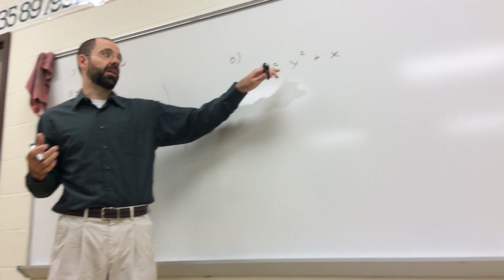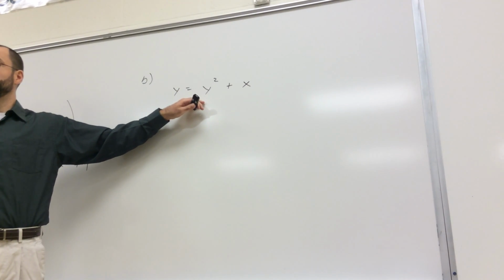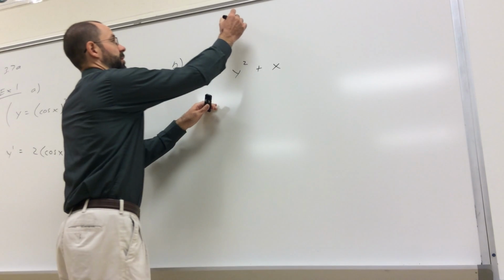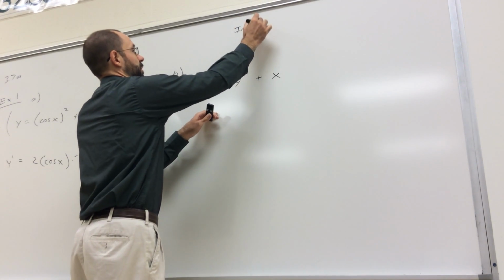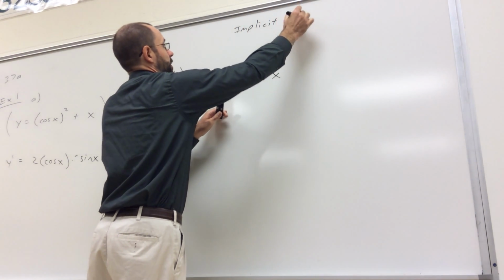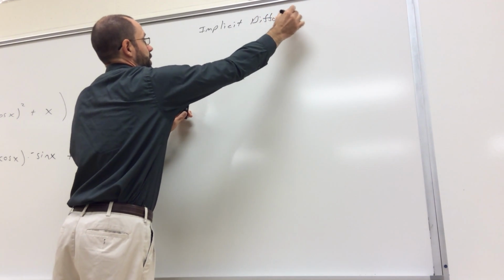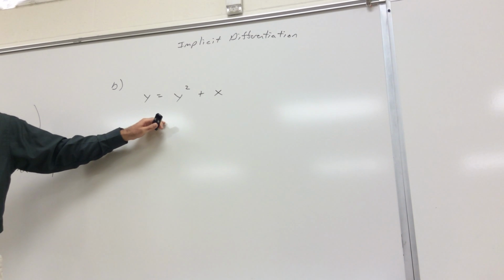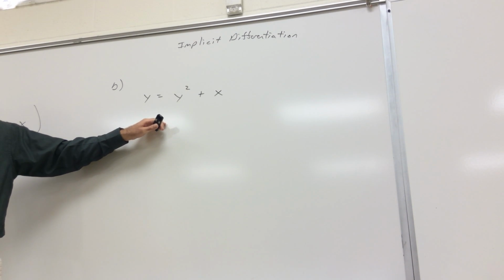So that's the topic today. We're learning how to take the derivative of something that has y's in it, and that's called implicit differentiation. So implicit differentiation is taking the derivative of something that is not solved for y.